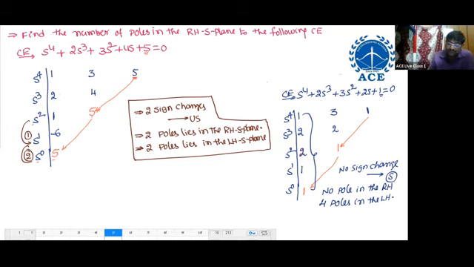Next problem. Completed? Characteristic equation. Come on, do it.